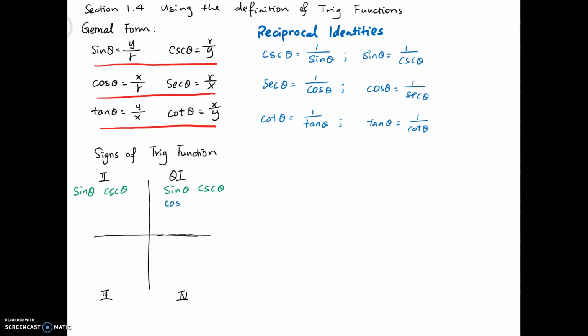Cosine theta and secant theta are positive in quadrant 1. Cosine theta and secant theta are also positive in quadrant 4. And tangent theta and cotangent theta are positive in quadrant 1, but those two are also positive in quadrant 3.